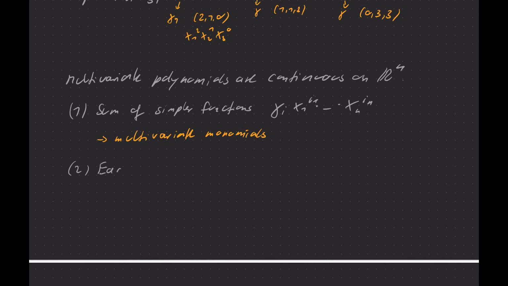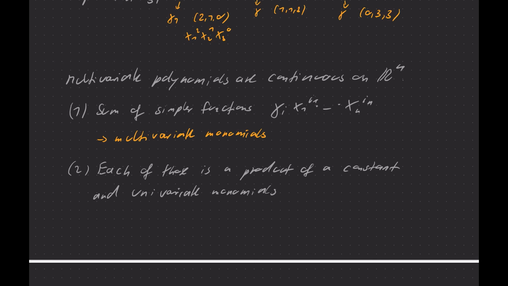Okay, so each of those is a product of a constant and univariate monomials. And we already know these are continuous. Okay, so the multivariate polynomials are also continuous.